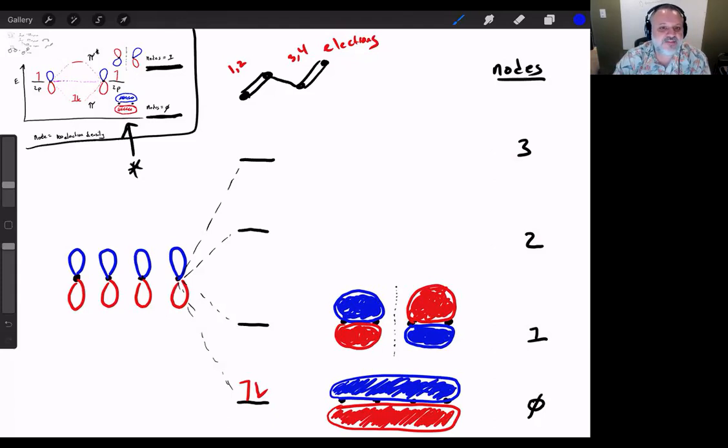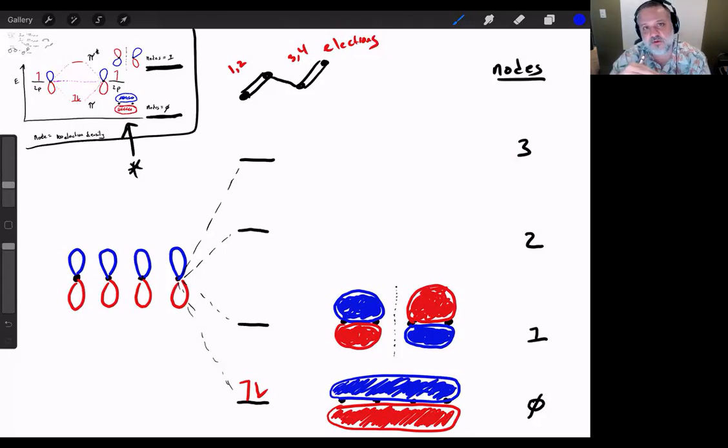They're mathematical operations on the functions that represent the atomic orbitals, combining them to come up with new functions, and those functions now represent what we call molecular orbitals. Because of the way that we do that math, we know that this pattern with the nodes will come out the same way every time.